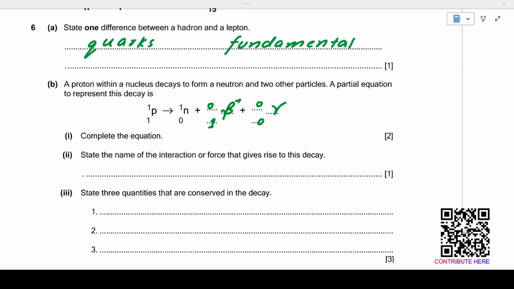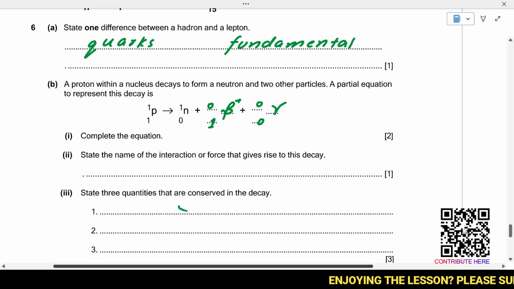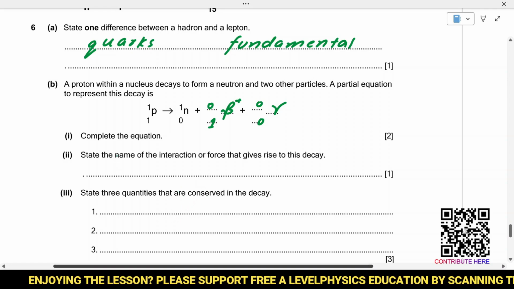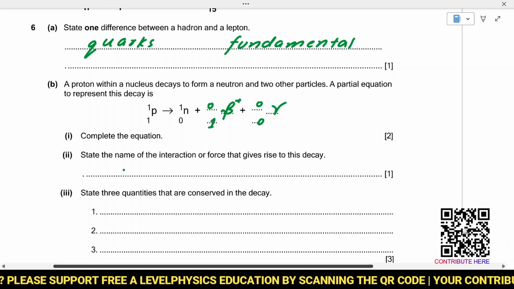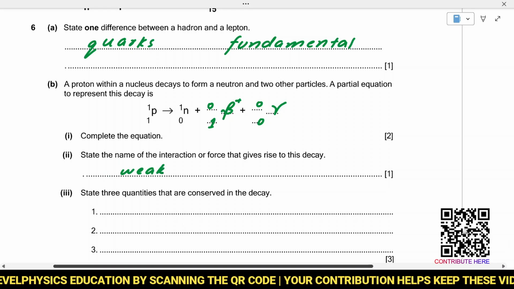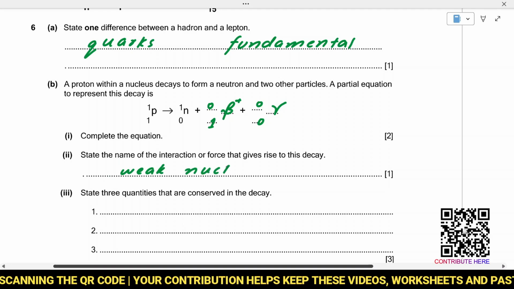If we have neutron into proton, then beta negative is released. State the name of the force that gives rise to this decay. Like we studied already, it's always the weak nuclear force.